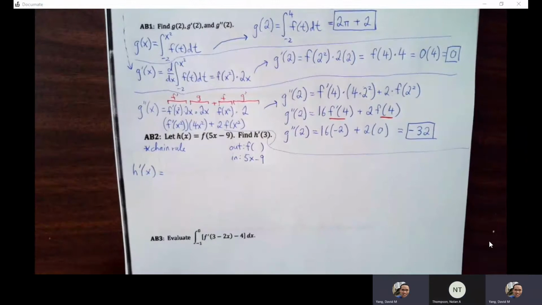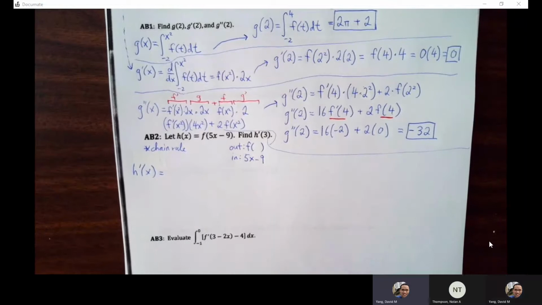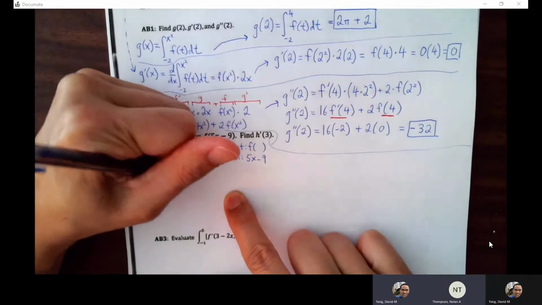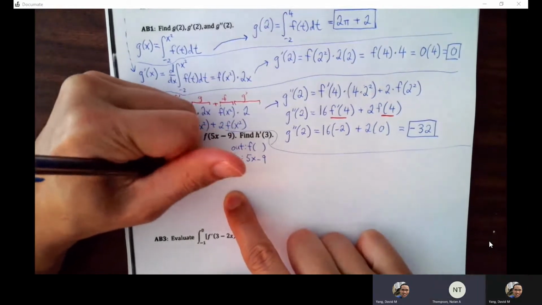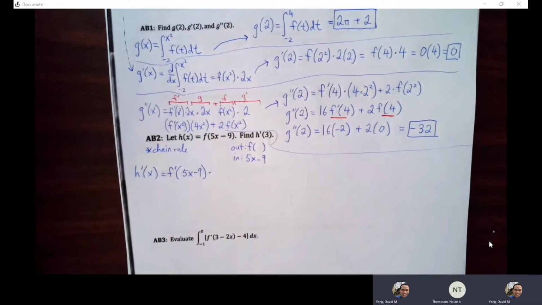All right, outside first. It would just be f prime of 5x minus 9, times 5.